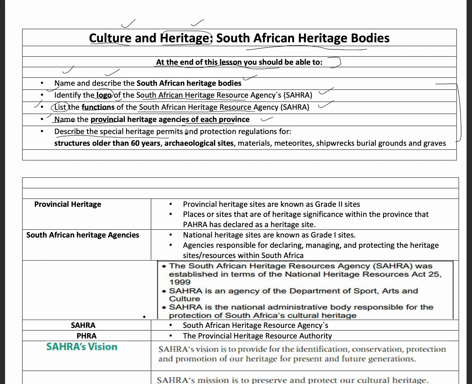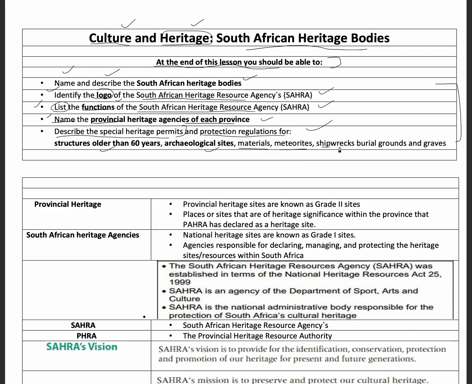Permits mean that the heritage for which you are required to have a permit are those under protection regulation. You'll be told about them: structures older than 60 years, archaeological sites. What is an archaeological site? What are materials, meteorites?